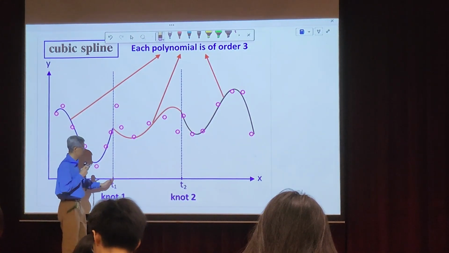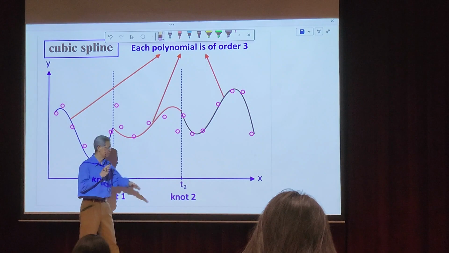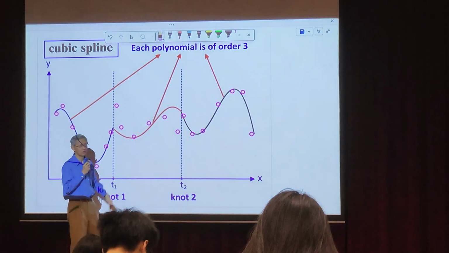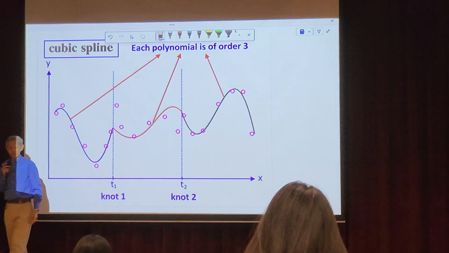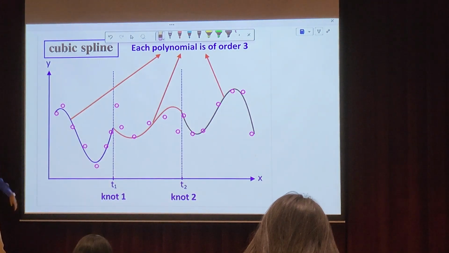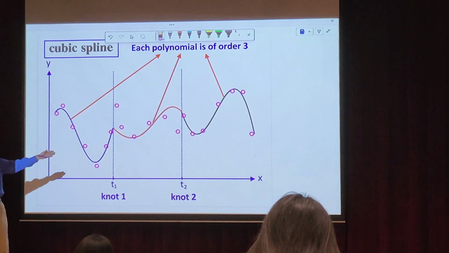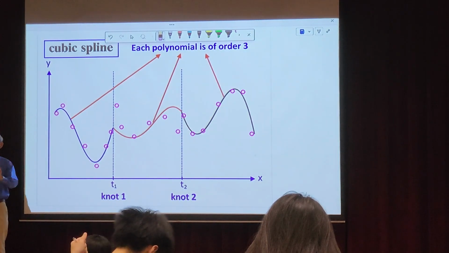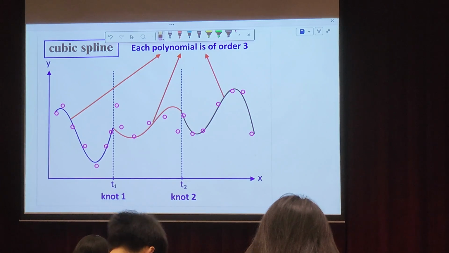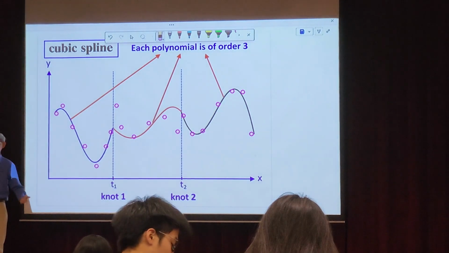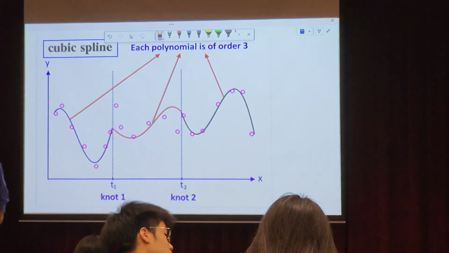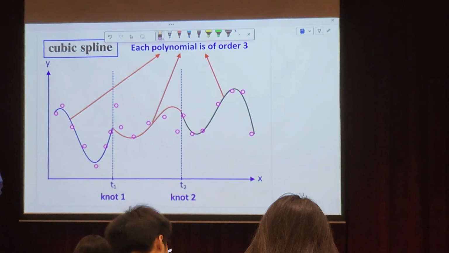Use the data between T1 and T2, discard everything else, fit a third order cubic polynomial here. And same thing for the last segment. Use the data from T2 onwards, fit a cubic polynomial. And then that will be answered. Yeah, that's a naive way of doing things.